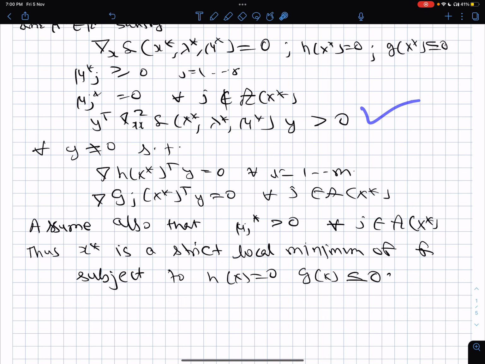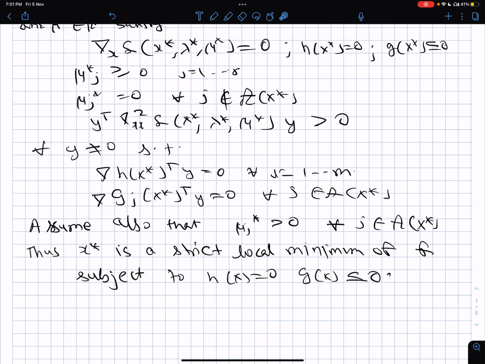So the curvature on the null space, for vectors in the null space, should be strictly positive, and the Lagrange multipliers corresponding to active constraints should be strictly greater than 0. Then x star is a strict local minimum of f subject to h of x equal to 0 and g of x less than or equal to 0.